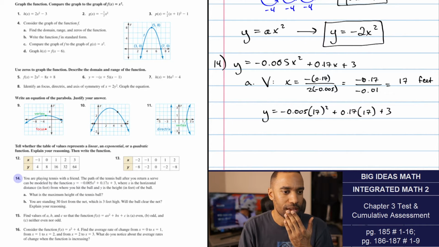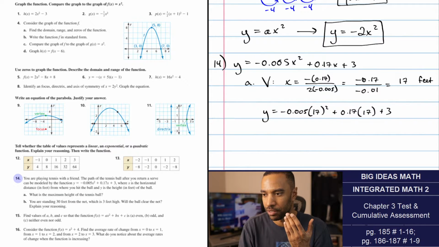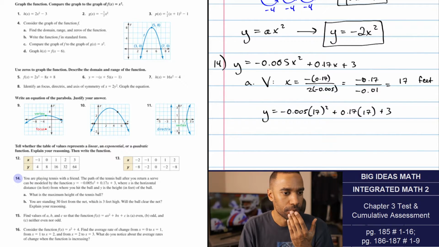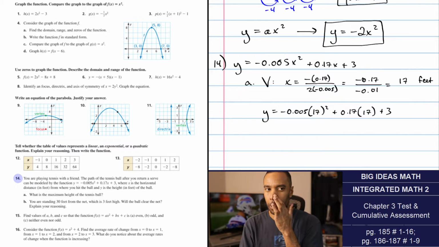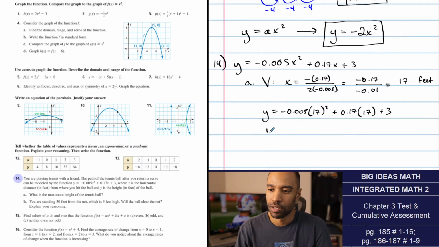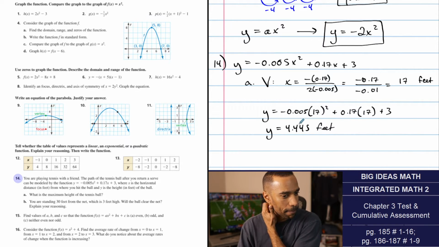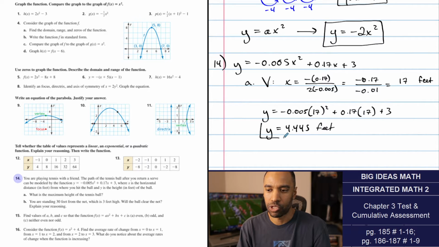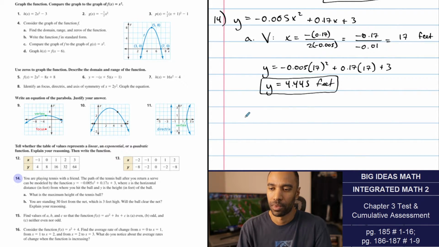Plus 0.17 times 17. I think that's 2.89. Plus 3. 4.445. That's exact. 4.445 feet. About 4.5 feet. They don't ask me to round, so I'm not going to. That's part A. Part B.